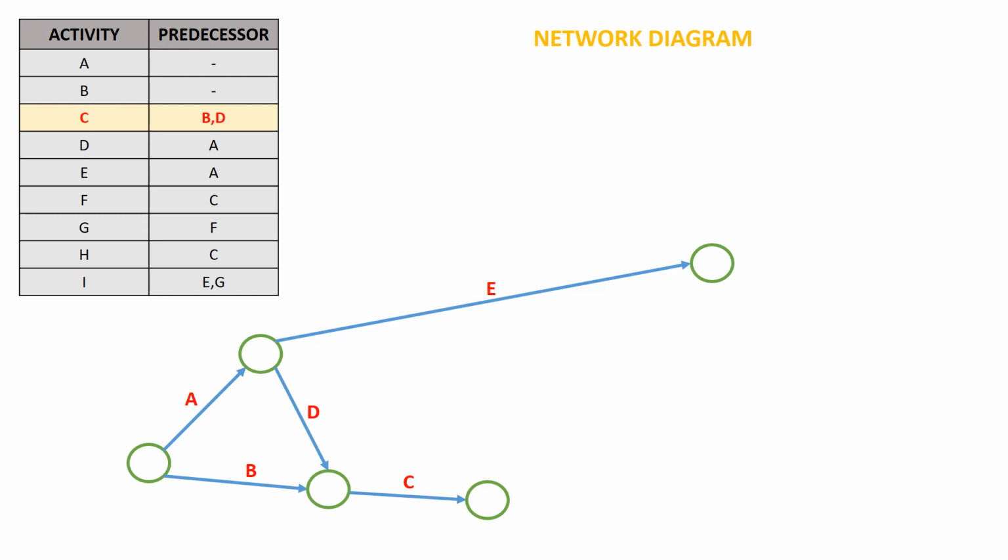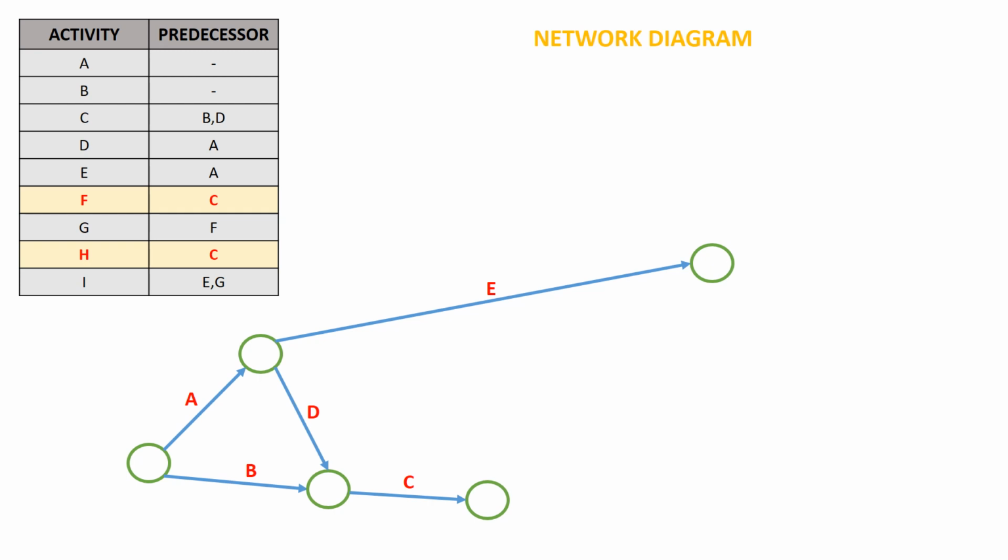Now we'll move on to the next activity, which is activity F and activity H. We can clearly see from the table, for both activity F and activity H, we have activity C as the predecessor.